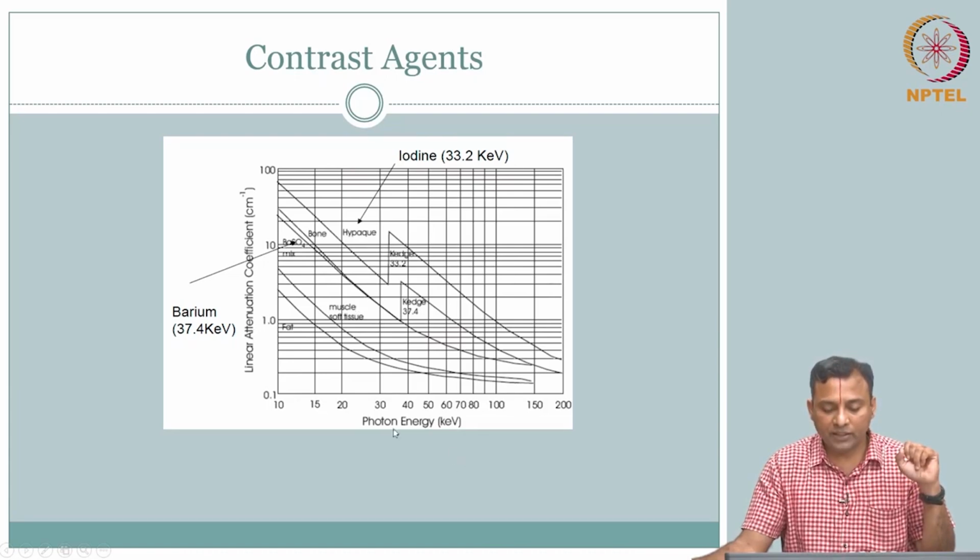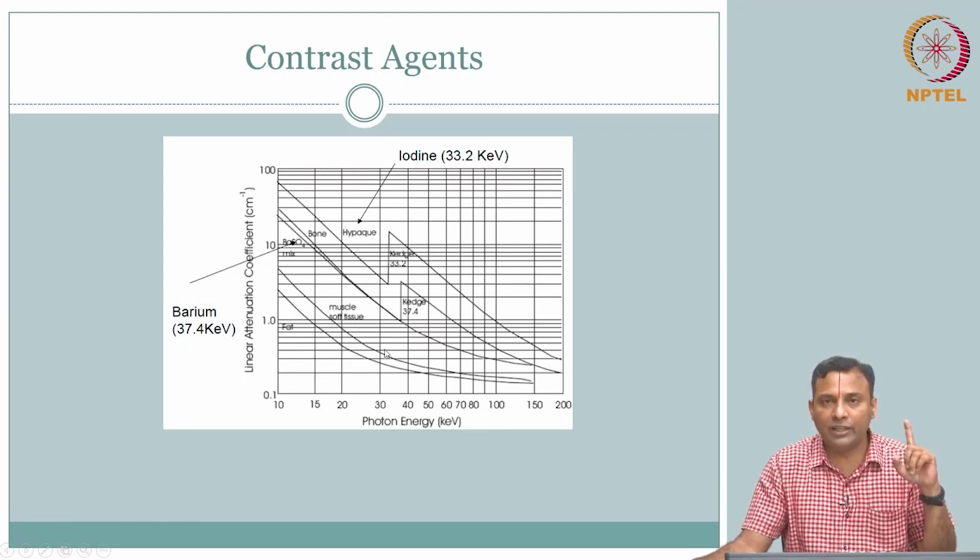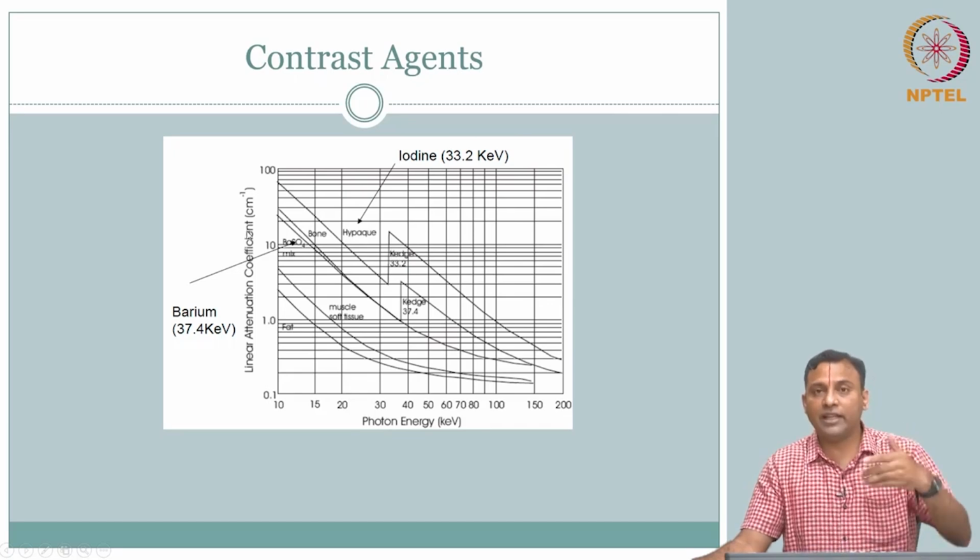So this is your previous curve where we talked about photon energy and attenuation coefficient. Last time, we had only bone, muscle and fat, only three curves like this, and that time we talked about how you have to choose an energy where you can have very good separation between the different tissue materials. However, if it is too low an energy, the attenuation is high, the differential attenuation is also there, but the attenuation is so high that it won't come out.